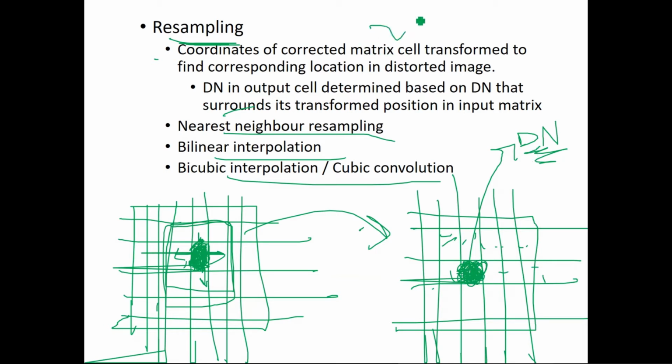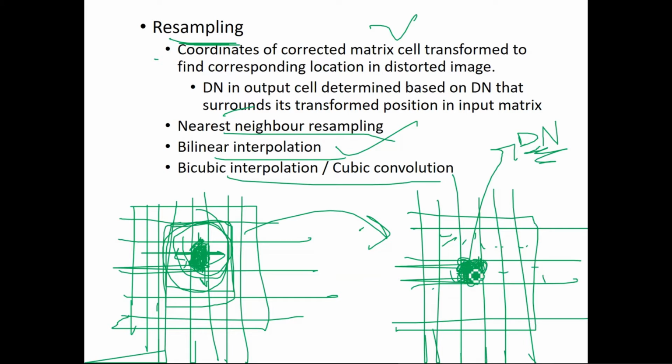Then you have bilinear interpolation, where a distance weighted average DN of the 4 nearest pixels is considered. Based on the DN of the 4 nearest pixels in the input matrix, you find the DN of the output cell.